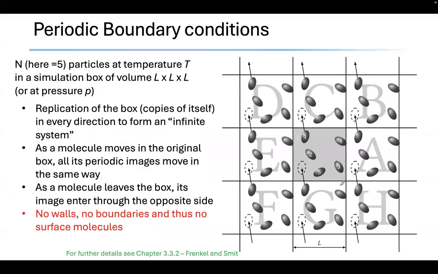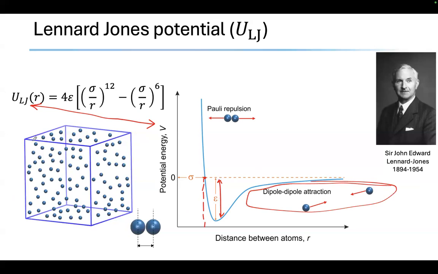Okay, so now that we have an idea of the different kinds of forces, we look at some of the most important aspects of molecular simulations, something called the periodic boundary conditions. Now, as I told you, in this particular box, the molecules are only interacting with the molecules within this box. So for example, if I pick this molecule here, it interacts with all the molecules within this box.